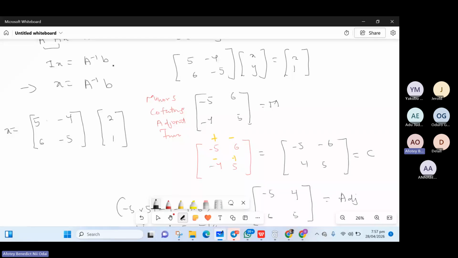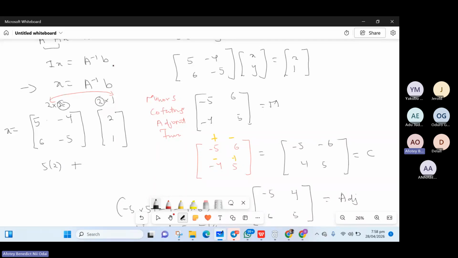So we can multiply the row by the column. Again, because we have a 2 by 2 matrix multiplying a 2 by 1 matrix, our resulting matrix will give us a 2 by 1 matrix. We saw this yesterday, because the columns of the first matrix should be equal to the rows of the second matrix, and the resulting matrix would have the rows of the first and the columns of the second.